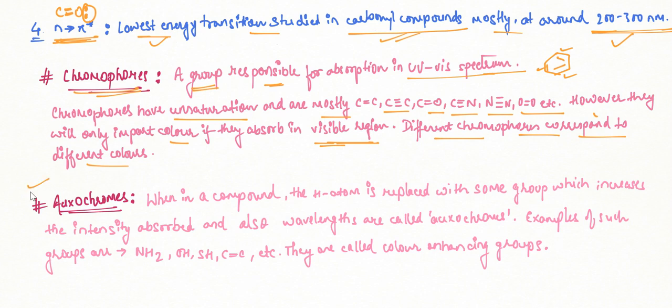Then there is one more thing: the auxochromes. The auxochromes are supporters of chromophores. The chromophores are the main group responsible for absorption, and auxochromes are going to increase the absorption.